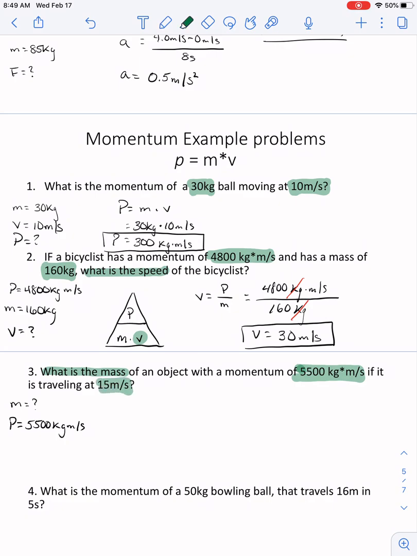And I see 15 meters per second. So I know that's a speed because the unit is meters per second.